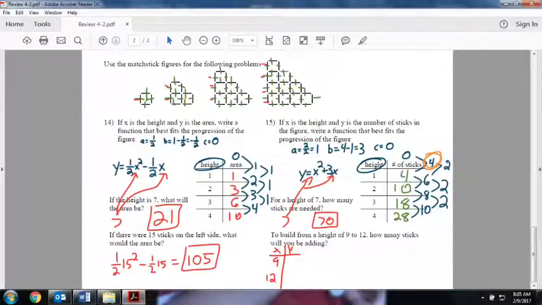If I plug in 9, 9 squared plus 3 times 9, that's 108 sticks. 12 squared plus 3 times 12, we get 180. So how many more sticks would I need? To go from here to there, I would need to add 72 sticks. Cool.